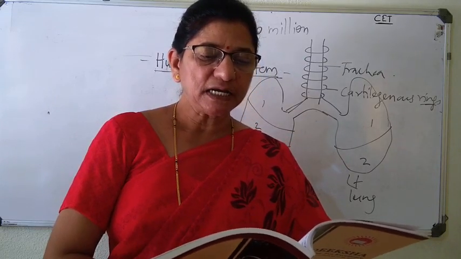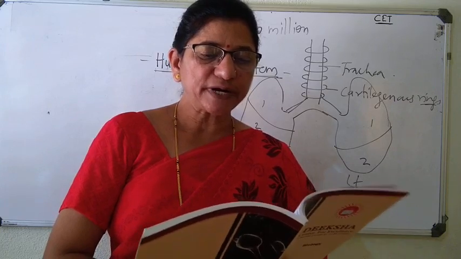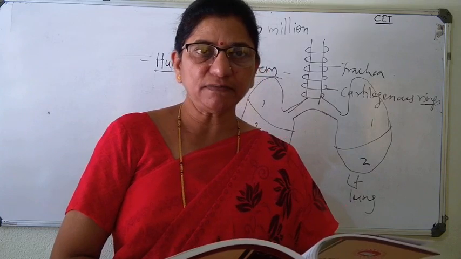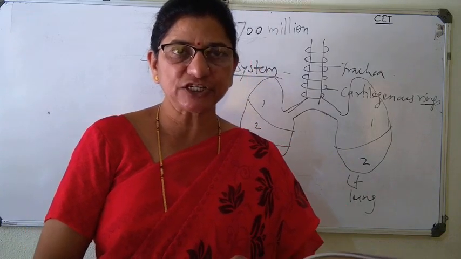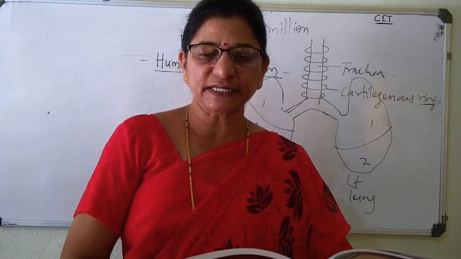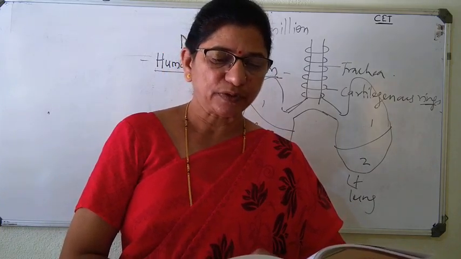Then which one protects the lungs? Ribs, vertebral column, sternum. So these are the parts of thoracic cage. So all of them are protective in function. So correct answer is all the above.